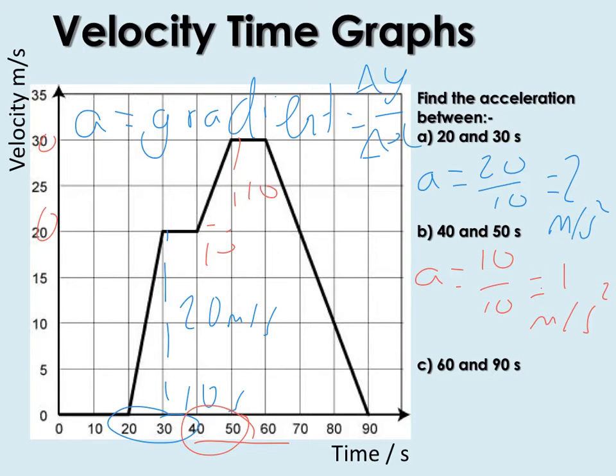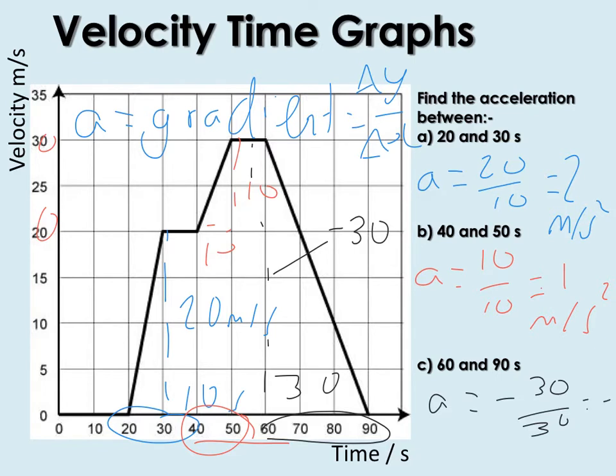The final one we're going to look at is between 60 and 90, so 60 and 90 takes place here. So this is this point. If we look at the change that takes place in the y direction, it starts at 30 and ends up at 0, so that's a change of minus 30. And that takes place over 90 minus 60, which also gives us 30. So our acceleration is equal to minus 30 over 30, which will give us minus 1.